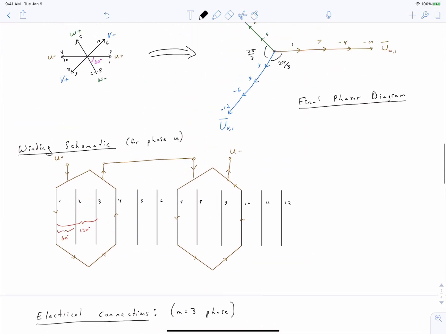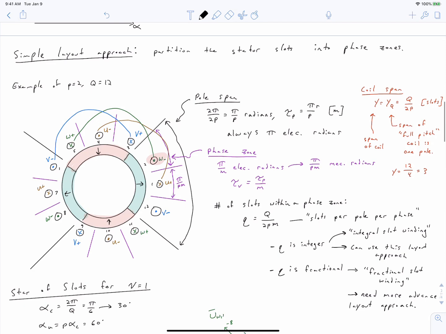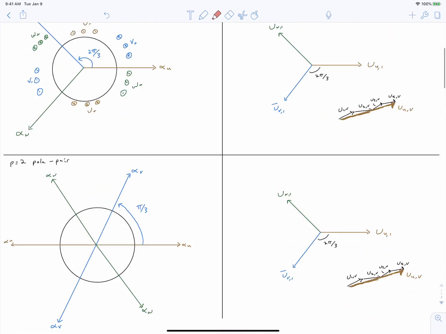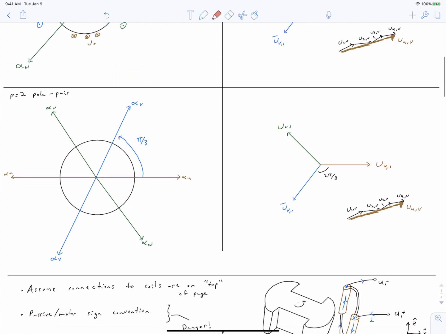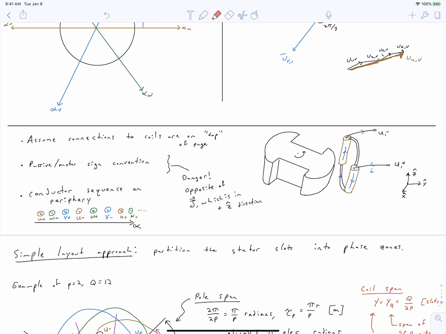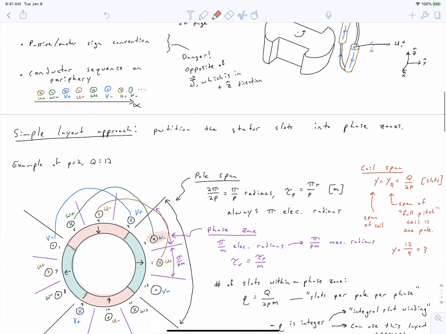Okay, so we've kind of meandered around here by talking about how we can lay our winding out with different, progressively more refined approaches. So we start out just by observing a sequence of conductors that we want around our rotor. We've then defined some nomenclature and some sign conventions for how we indicate our voltage and our connections to our coils.